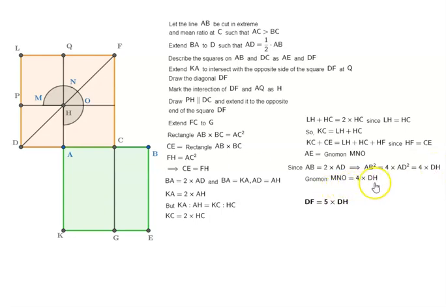Now, gnomon MNO is equal to 4 times DH, and the complete square DF is equal to DH plus the gnomon MNO. So we have DH plus 4 times DH, which gives us DF is 5 times DH, which is what we had to prove.